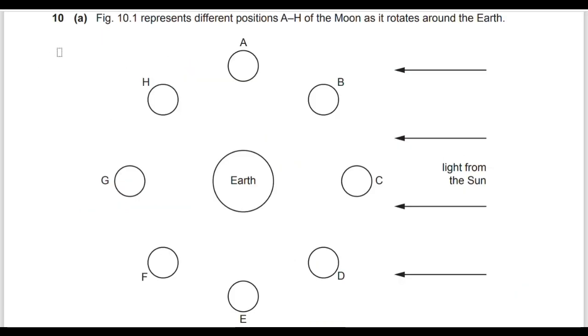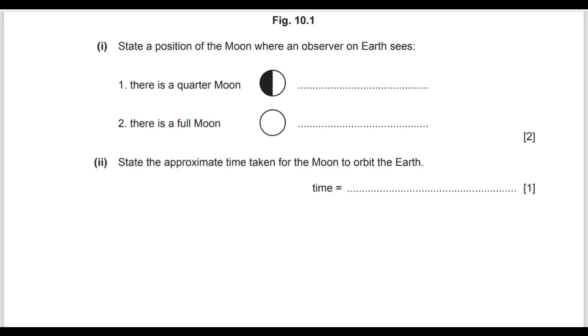3.125. Question number 10 says figure 10.1 represents different positions of the moon around the earth from A to H, and this is light of the sun which is coming from the right, and these are different phases of the moon around the earth. State the position of the moon where the observer on the earth sees a quarter moon and a full moon.